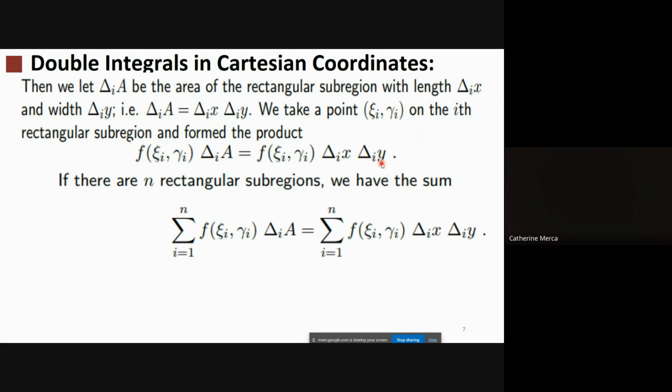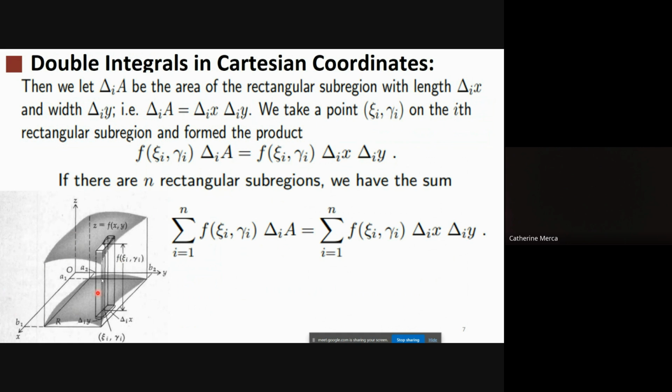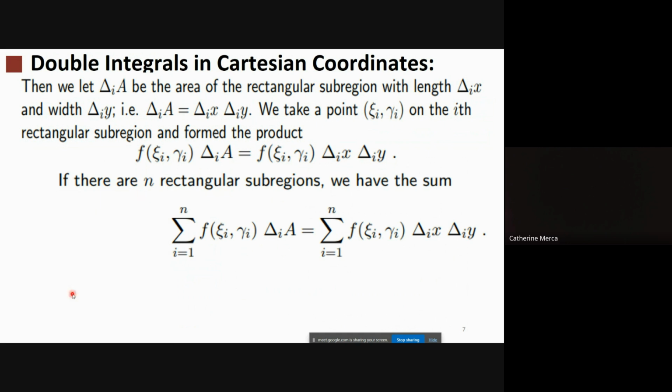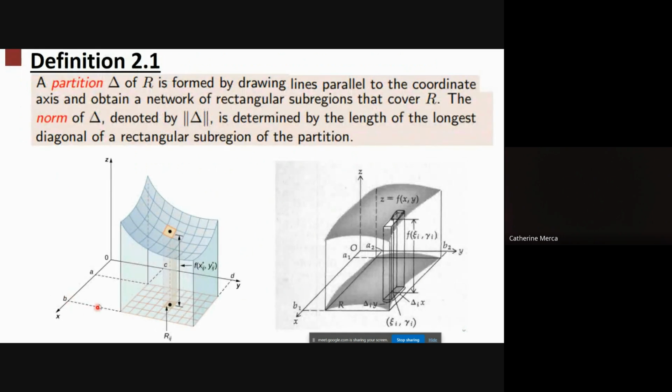If we take such n rectangular subregions, take its summation, then we actually take the entire thing. This one small thing here is basically just this one part.